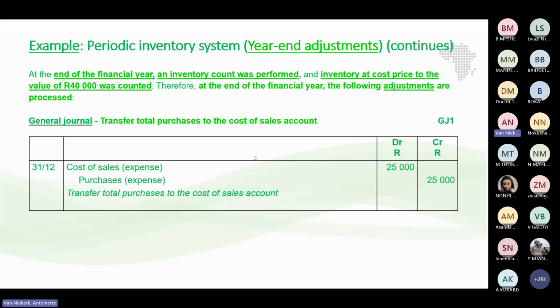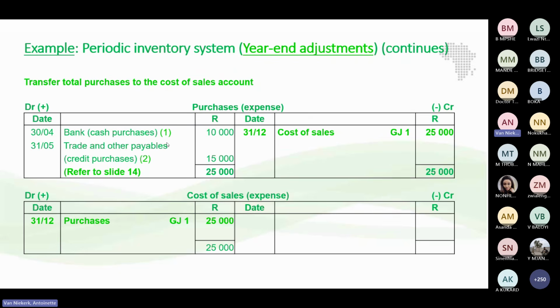Okay? Let's look at the T accounts. It will maybe make more sense. Here is the purchases account that we have compiled so far. Here is transaction 1 that we did. Here is the entry of transaction 2 that we did.